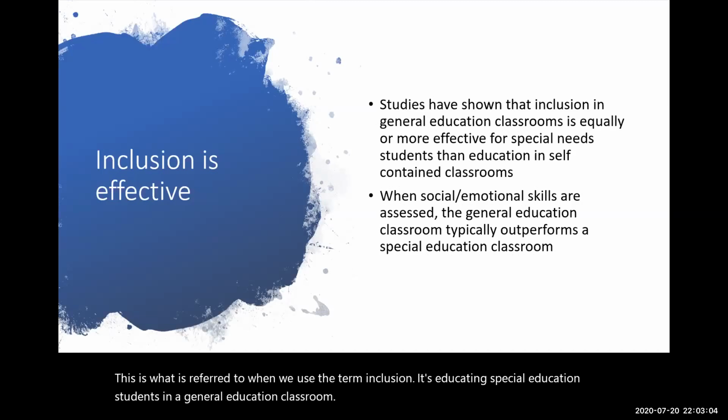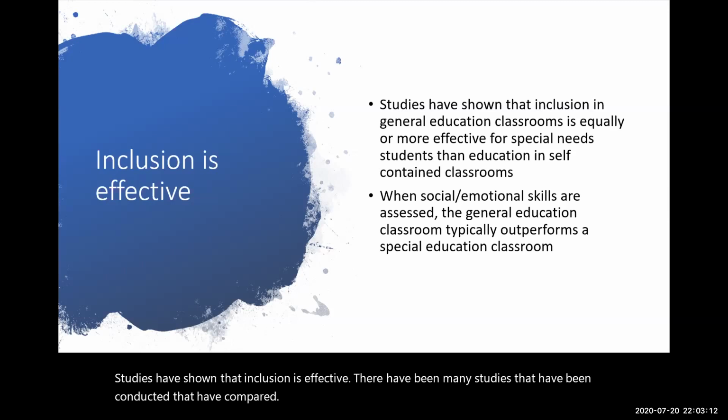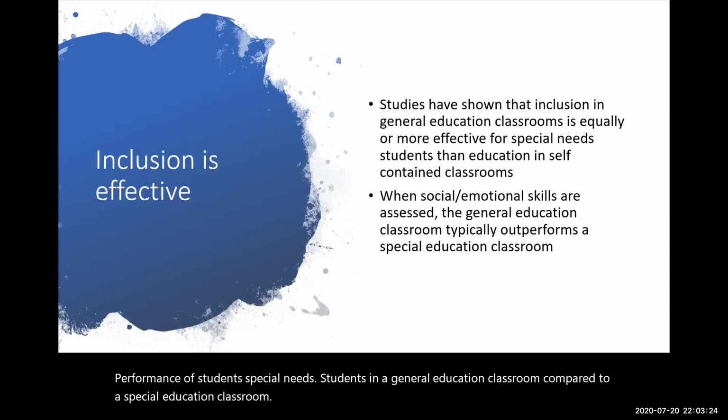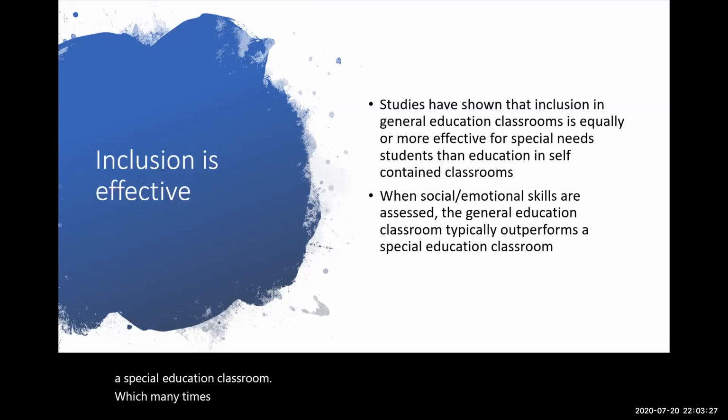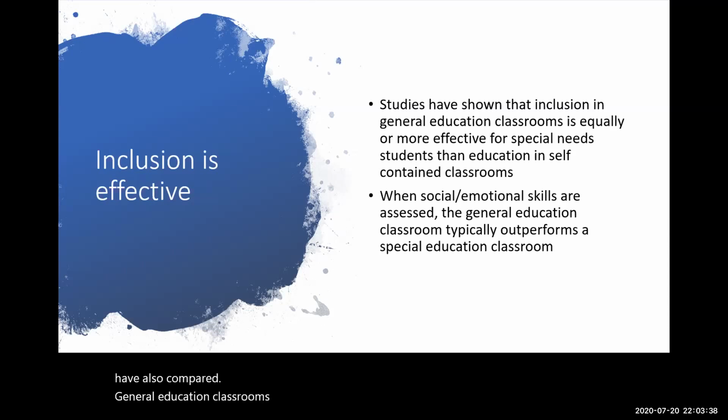Studies have shown that inclusion is effective. There have been many studies that have compared the performance of special needs students in a general education classroom compared to a special education classroom, in which many times the special education students have additional supports from aides. Studies have also compared general education classrooms to ABA, which is a specialized type of education program for special needs students.